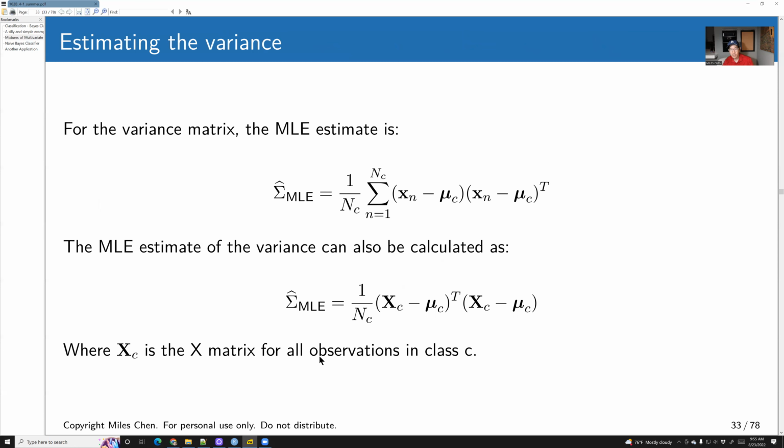As far as estimating the variance, we'll take our observations and we'll calculate the variance here, okay? The maximum likelihood estimate for the variance is this. Basically, you do x minus mu squared, but in matrix form, x minus mu transpose, x minus mu, and you divide by how many observations you have.